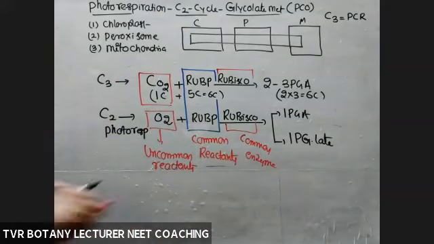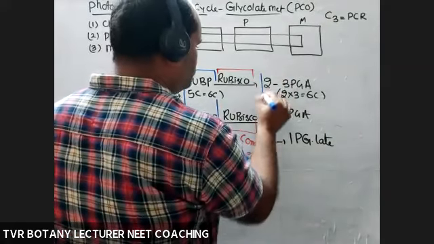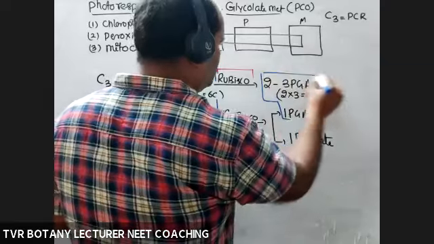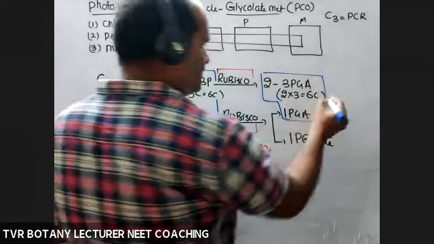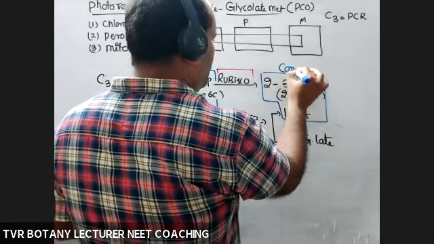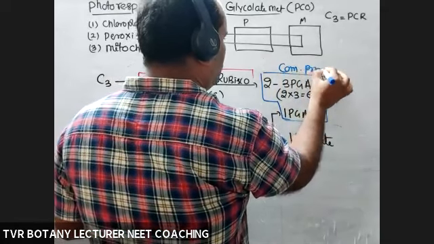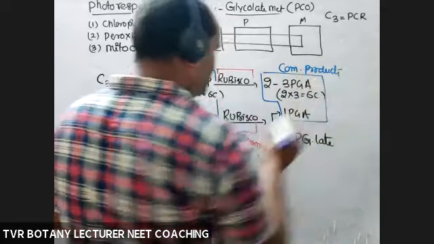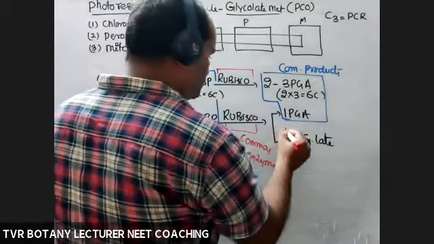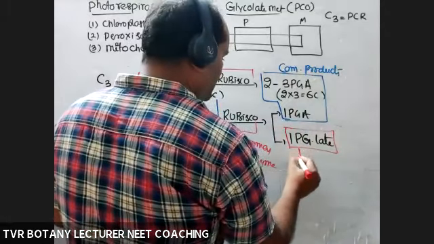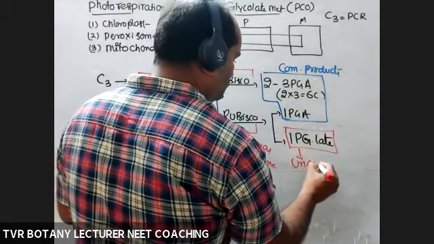Next, products. Phosphoglyceric acid is a common product. And what about phosphoglycolate? Uncommon product.